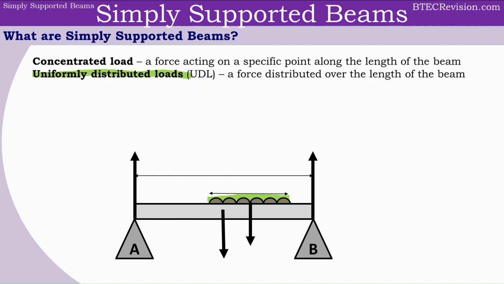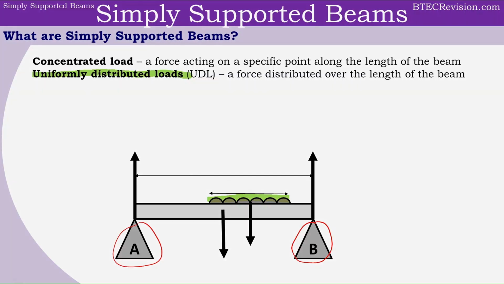We are going to consider this beam to be in equilibrium, which means that the forces and moments acting on this beam are balanced. Here we can see we have support A, which is supporting one side of the beam. And on the right, we have support B, which is supporting the right side of the beam in this case.